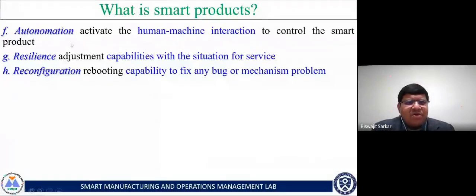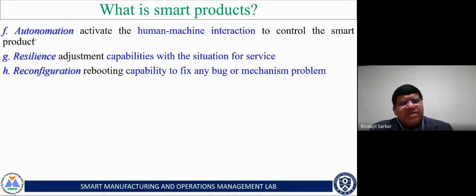Next, for this automation, there are two types of things. One is automation, and the second one is autonomation. What is automation? Automation means that the whole system will work with the automatic system. That means one human being is there to control the whole automatic system.